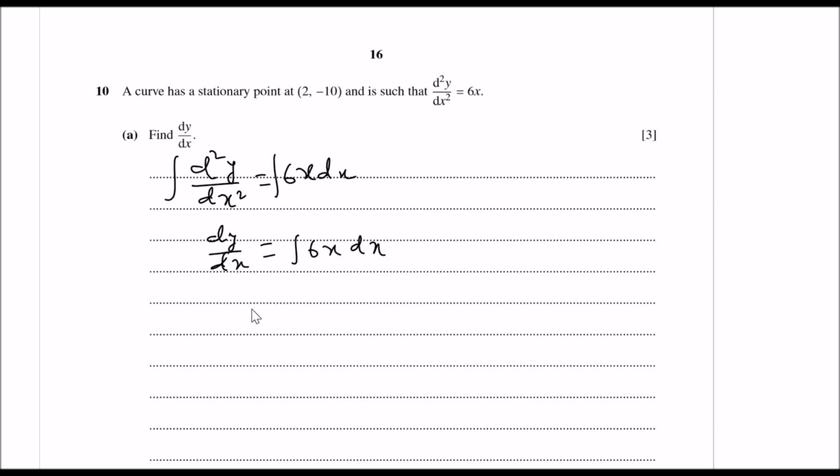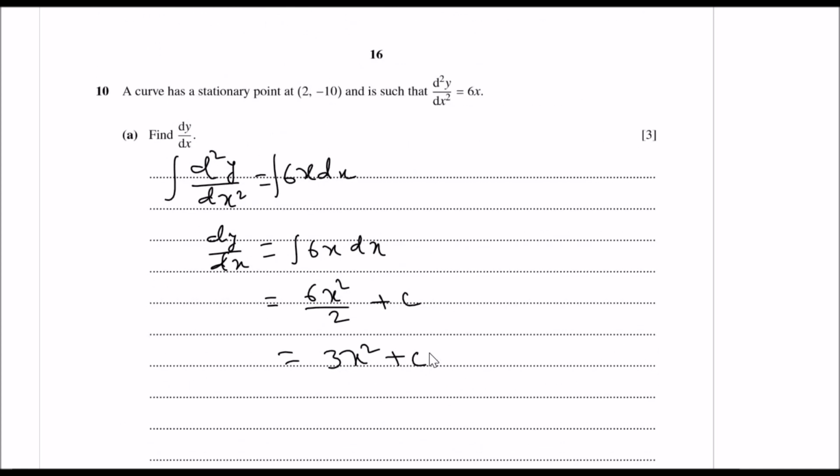So that gives us 6 into x² by 2 plus c. So this is equal to 3x² + c, right?